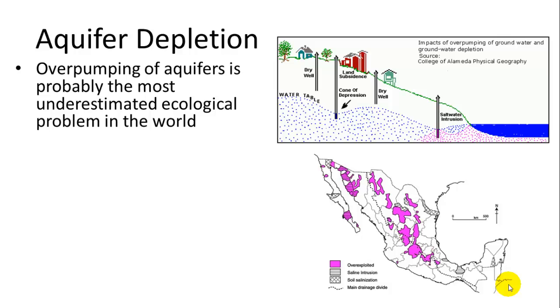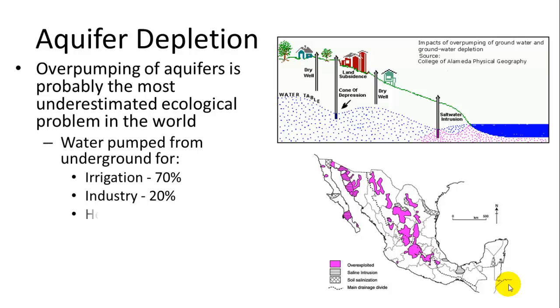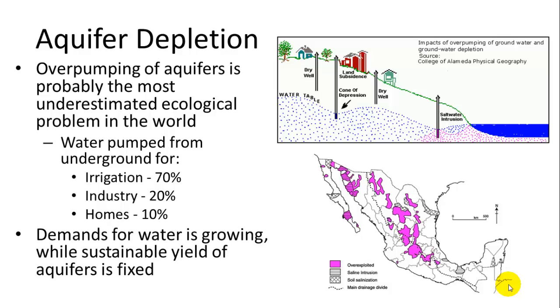Some of it, of course, comes from lakes and streams and dams and rivers, but a lot of it is also pumped out of the ground from aquifers, which are normal water that has percolated through the soil. Water is pumped for irrigation, industry, and just a small percentage of it is used for personal use in homes. And the demand for water is growing.